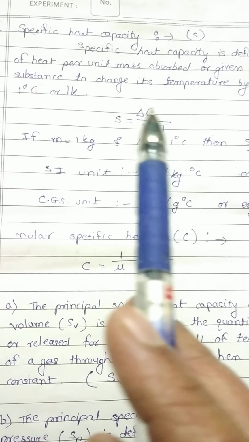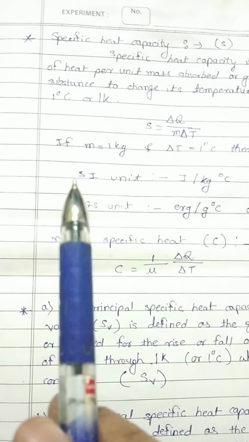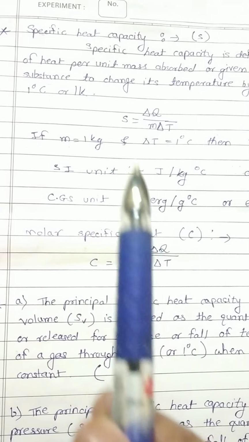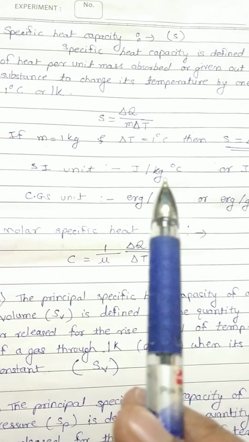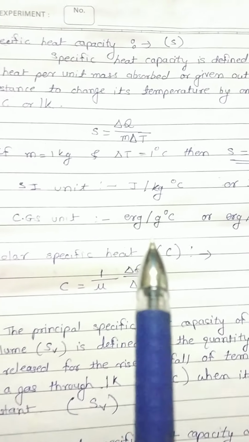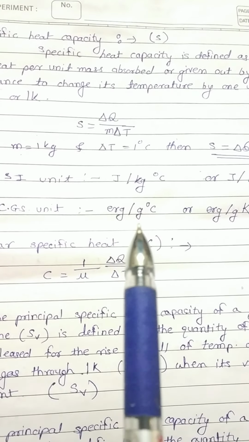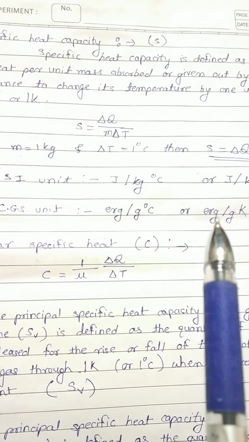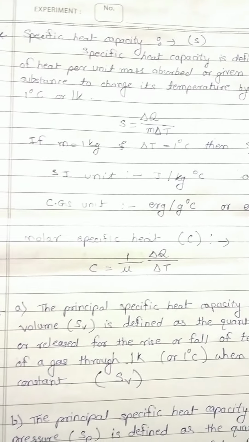Here delta Q means change in heat. The SI unit of specific heat capacity is joule per kg degree Celsius or joule per kg Kelvin, and the CGS unit is erg per gram degree Celsius or erg per gram Kelvin.